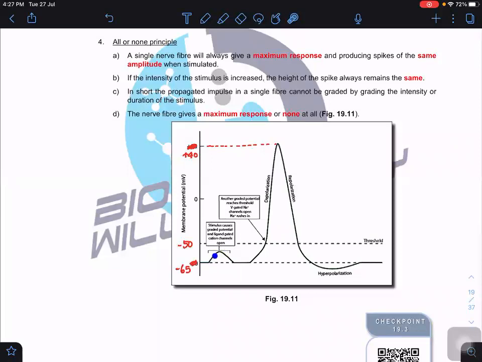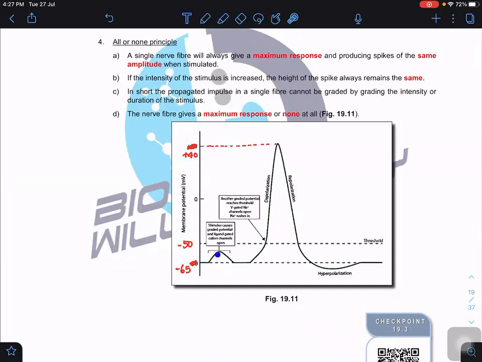When it cannot reach the threshold, imagine we want to add positive ions into the neuron, but the sodium potassium pump pumps out the sodium ions. So sodium ions enter, and then they are pumped out, because the entry is so weak that the sodium potassium pump removes them.